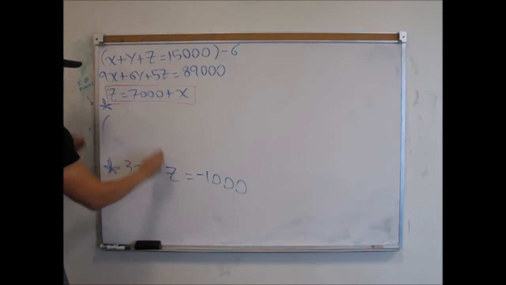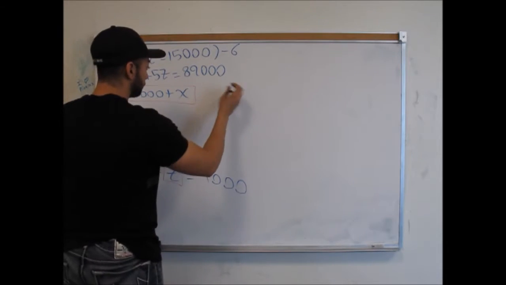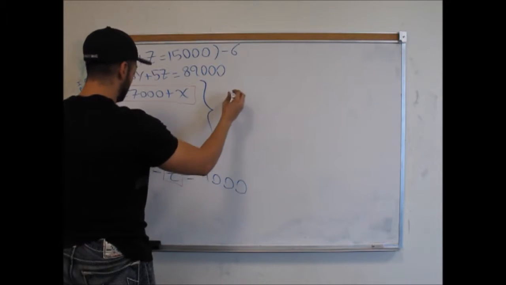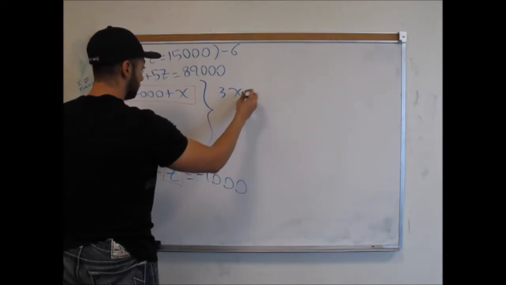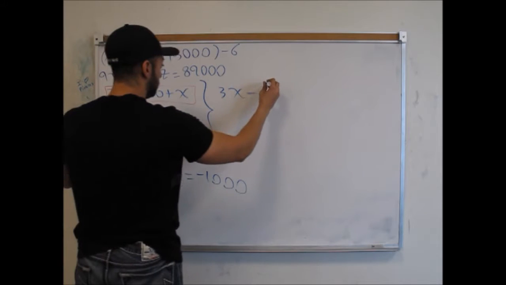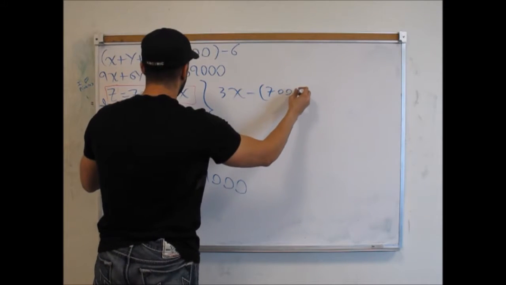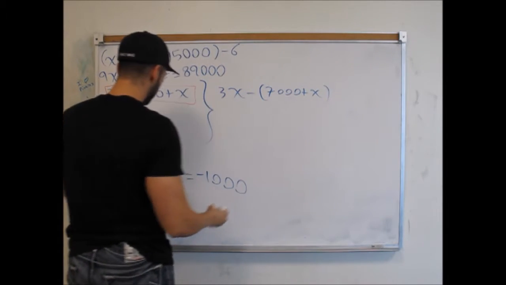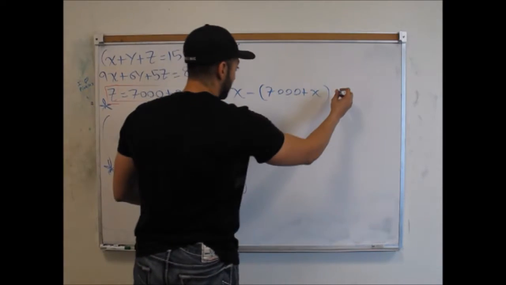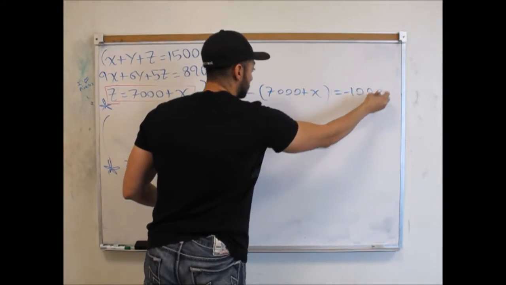Doing that, I get 3x minus z, and z is equal to 7,000 plus x, and that's equal to a negative 1,000.